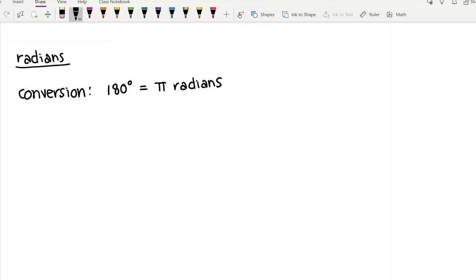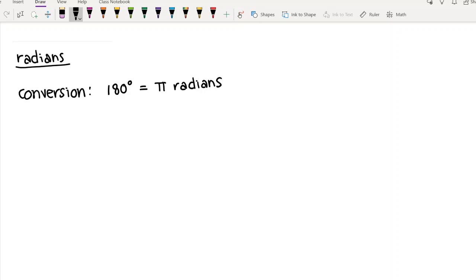So when I say pi radians, I literally mean the number pi. So 180 degrees is about equal to 3.14 radians. So when we write things in radians, we're oftentimes going to write it in terms of pi. And again, I really want you to think of this as literally the number pi, approximately equal to 3.14.